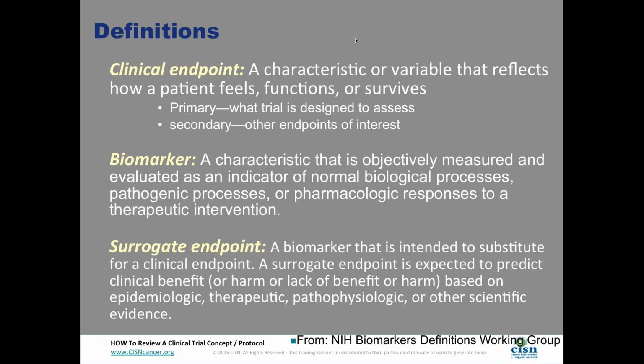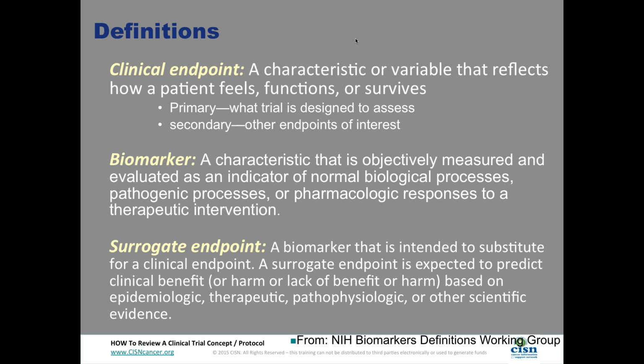But biomarkers are where we're moving, and surrogate endpoints are more and more looked at as valuable endpoints, because you can see what's happening before the course of breast cancer may be 10 or 15 years out from the treatment. That's a long time to wait to see if anything was effective.